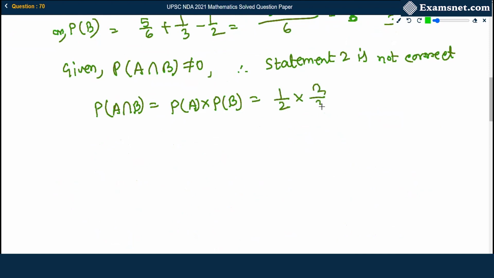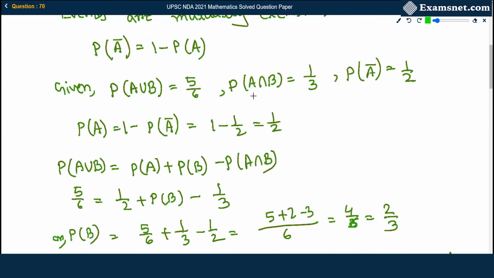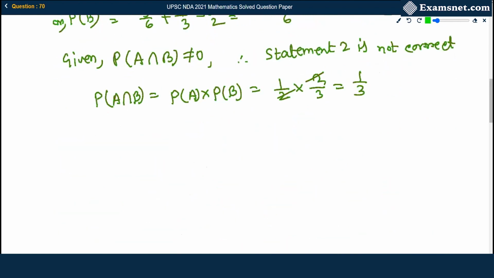Half multiplied by 2/3. So yes, it becomes 1/3. Look here, probability of A intersection B is 1/3. That means A and B are independent events.